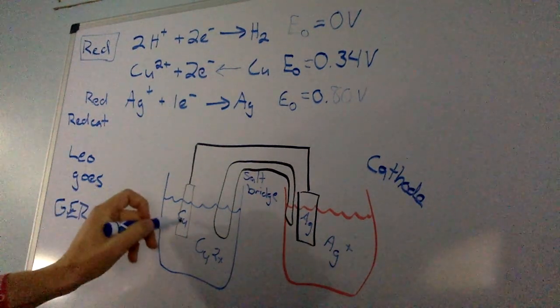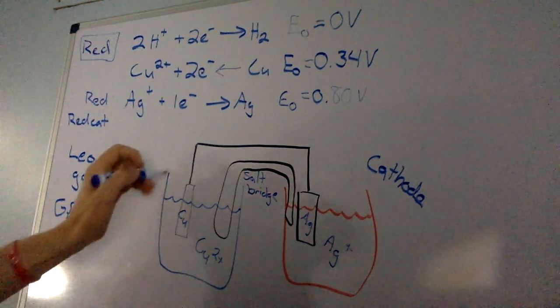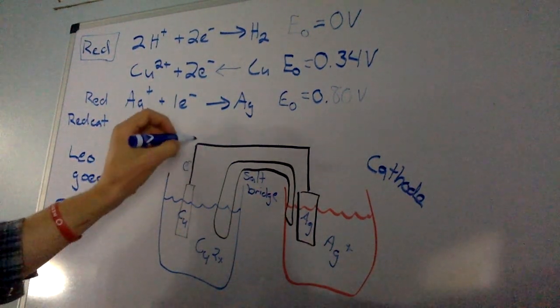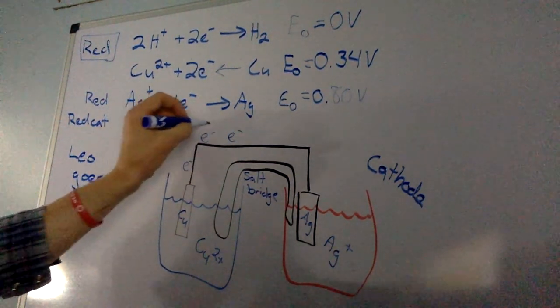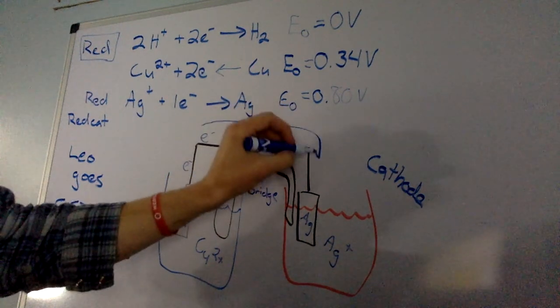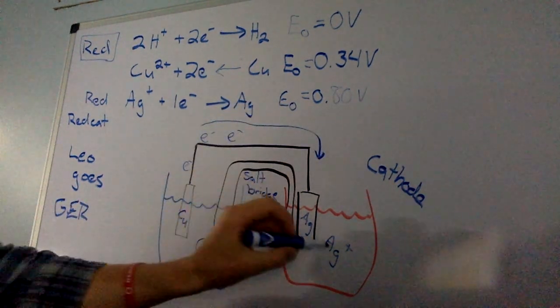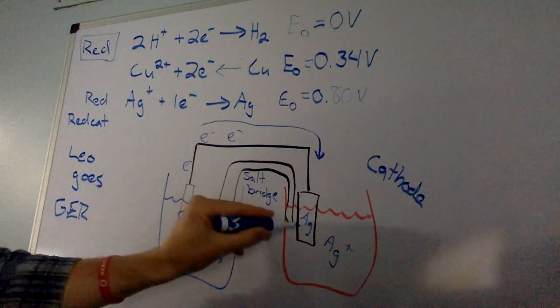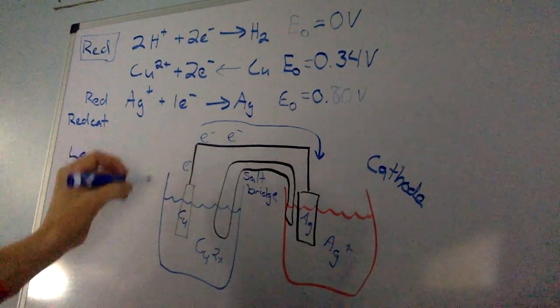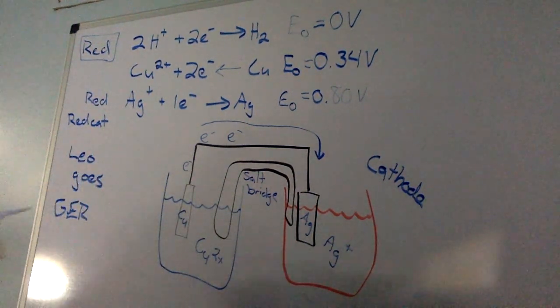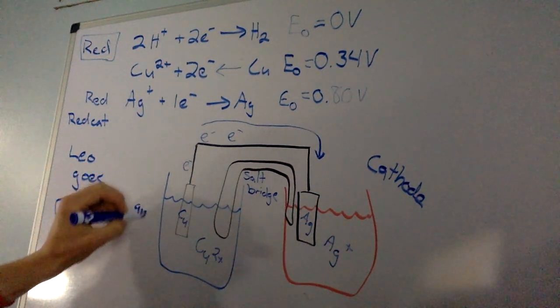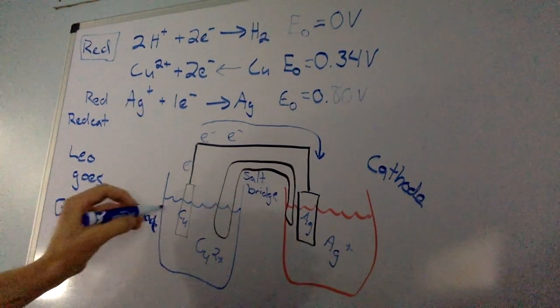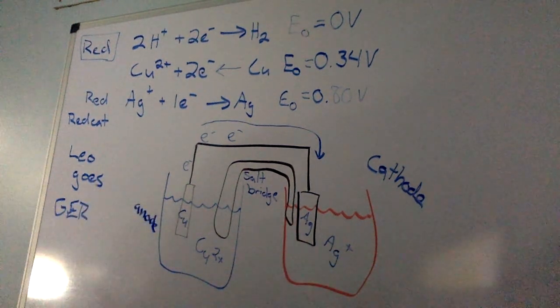Okay? So our metal copper here is going to be losing electrons, and they're going to be traveling this way over to silver, where silver ions can be gaining those electrons. Okay? So on this side, this is going to be called the anode.